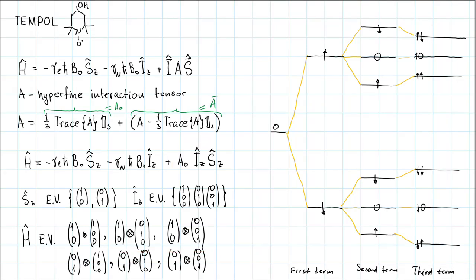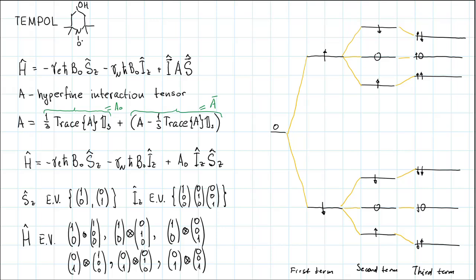Here I would like to point out that our energy diagram will have the form as depicted here if A0 is negative and the absolute value of the constant A0 is much smaller than the nitrogen nuclear spin-Zeeman interaction. With this we can identify three EPR transitions corresponding to three different values of the nitrogen nuclear spin projection.